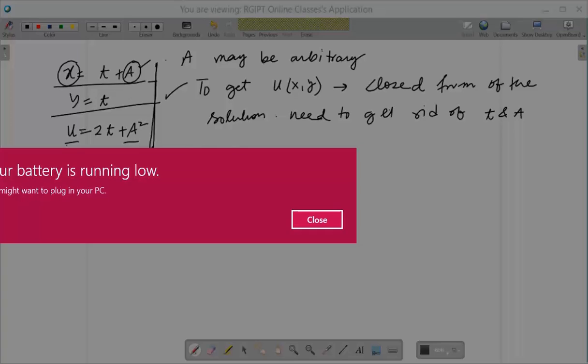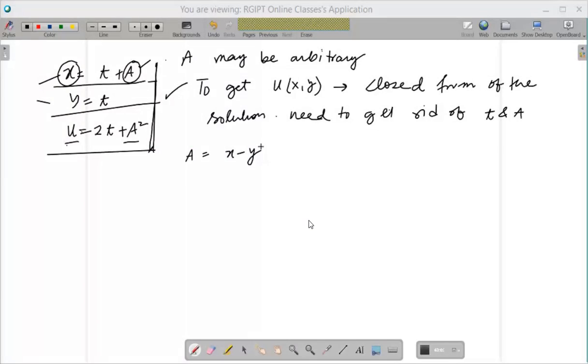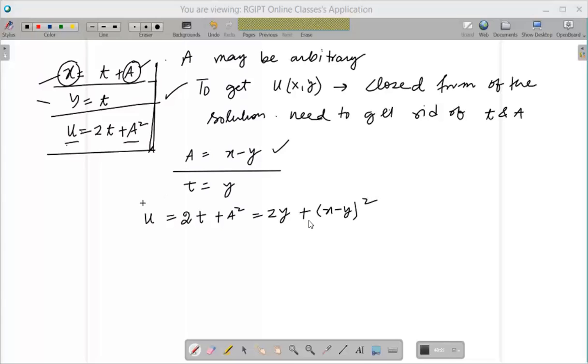Wherever t appears you can substitute y, and from these two equations, subtracting, a is equal to x minus y. So a is x minus y and t is y. So u will be given by 2t plus a squared, that would be 2y plus (x minus y) squared.